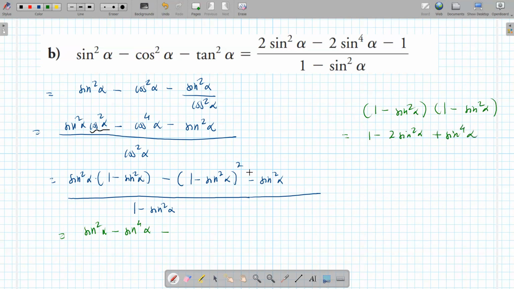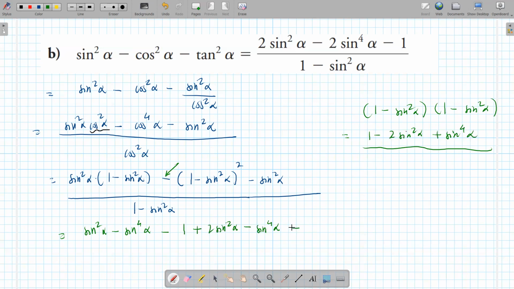So we're going to replace that with this, and there's a negative sign on the outside, which means all of these signs are going to be flipped. So it'll be 1 plus 2 sine squared alpha minus sine to the power of 4 alpha.